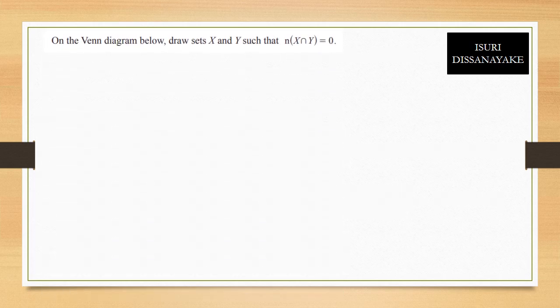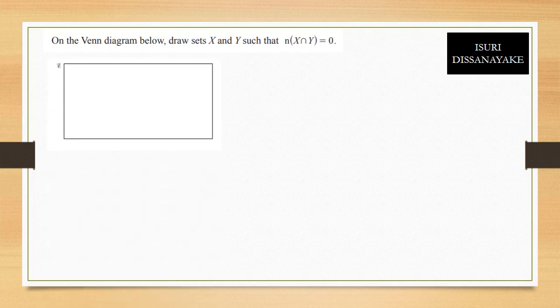Next question. On the Venn diagram below, draw sets X and Y such that the number of elements in X intersect Y equals 0. What do you mean by intersection? Common. So you have to draw sets to show that there are no common elements for X and Y. So how do you show that?